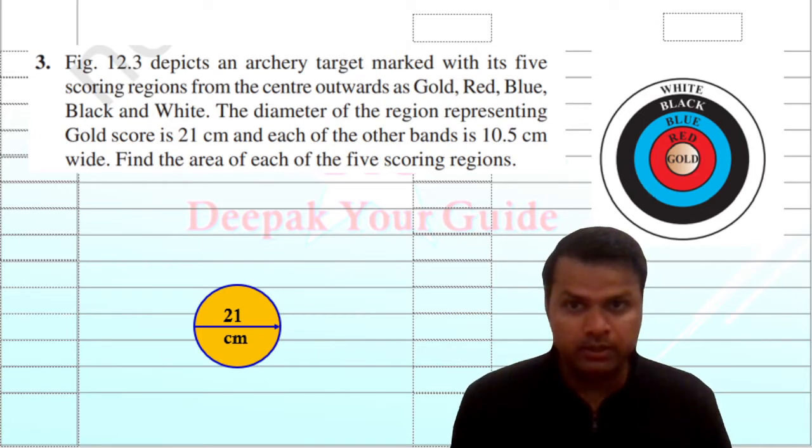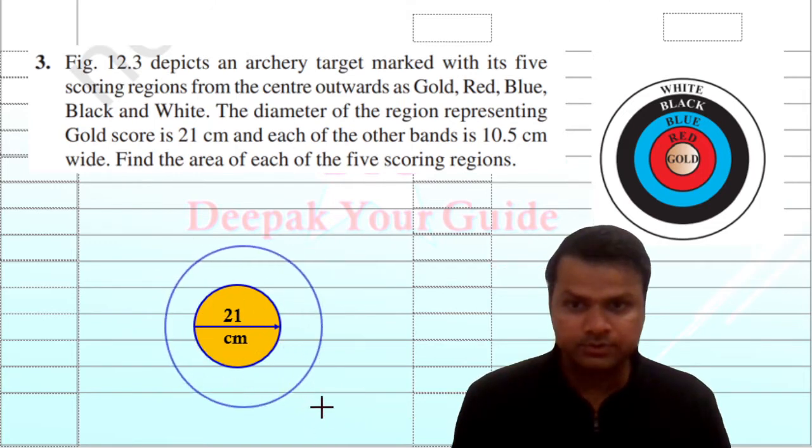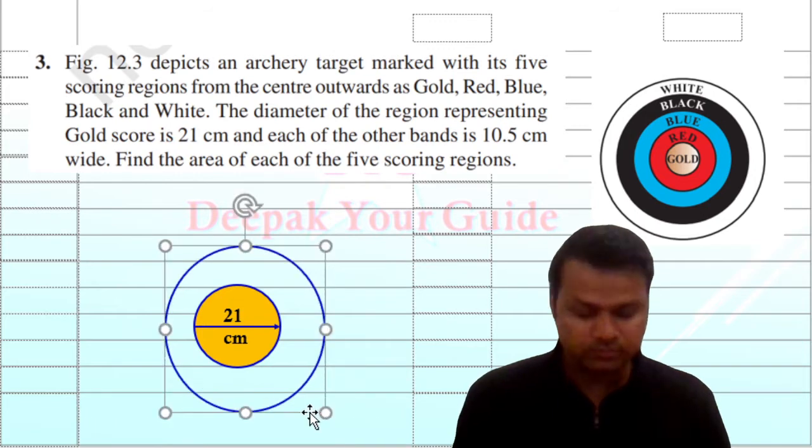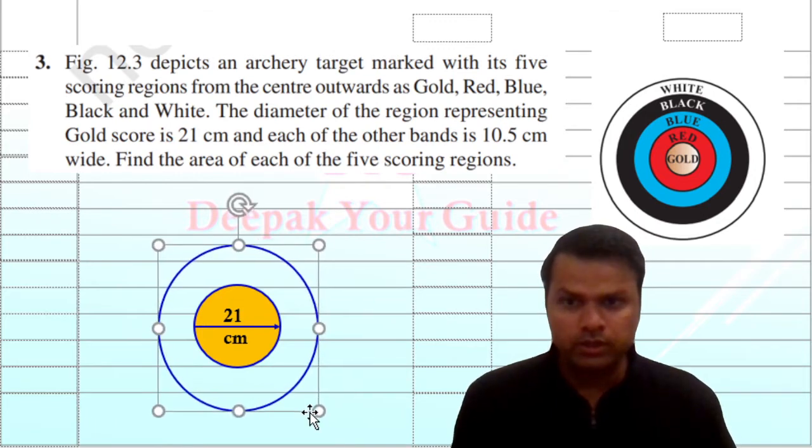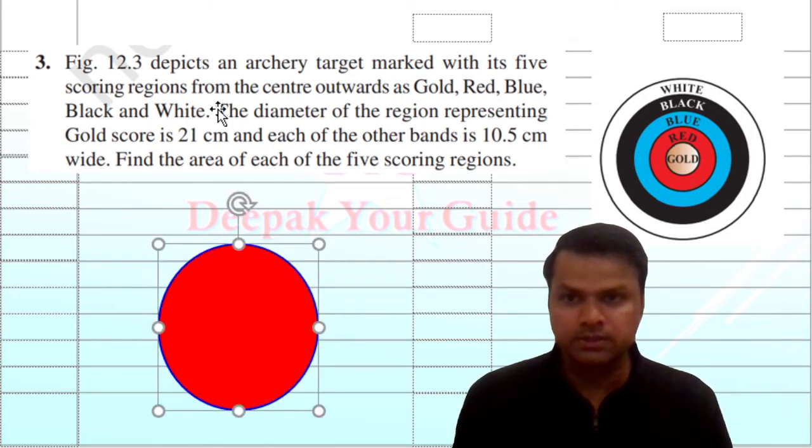So, let me make another diagram, then it will become clear. Let's say I make another circle, which is outside this. From gold, the second that we have is the red. So let me change the color to red. Okay, now we don't see the gold one.